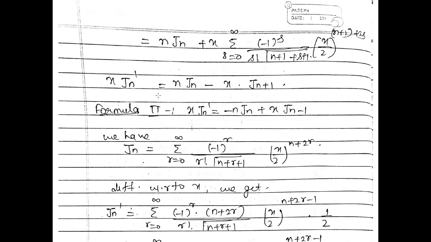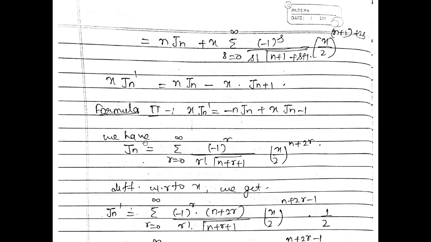Just see and understand very carefully, because the calculation is long here, so try to understand what is going on. Now our second formula property: x Jn derivative is equal to minus n Jn plus x Jn minus 1.